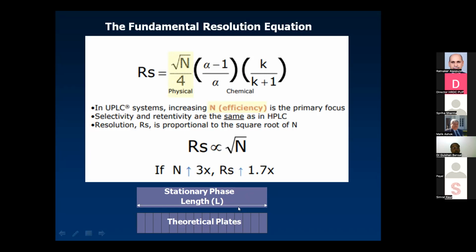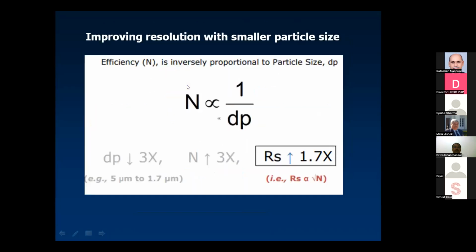How can the height be decreased? By decreasing the particle size. So if we decrease the particle size, we are increasing the number of theoretical plates. If N is increased by 3 times, the resolution will increase by 1.7 times. This is the relation which we have calculated from this equation.